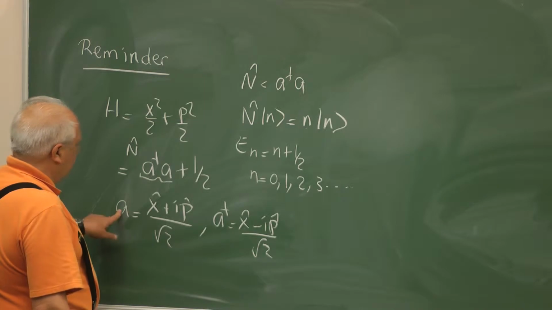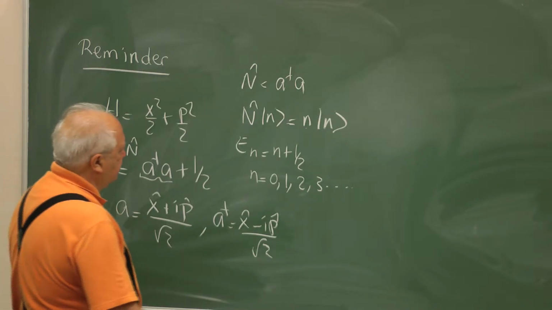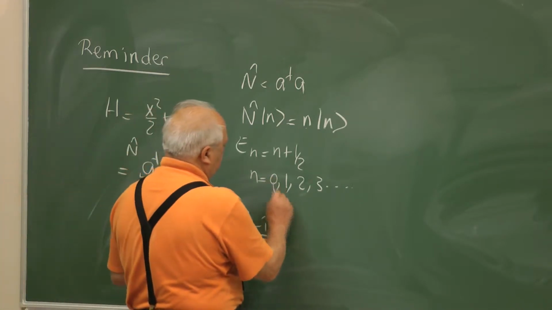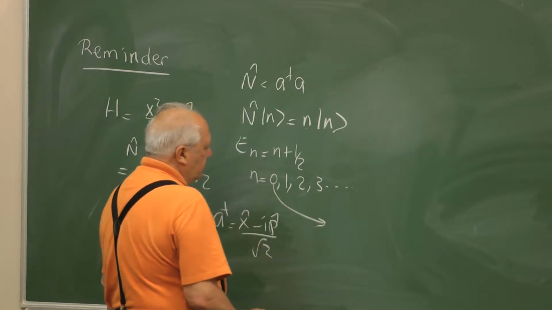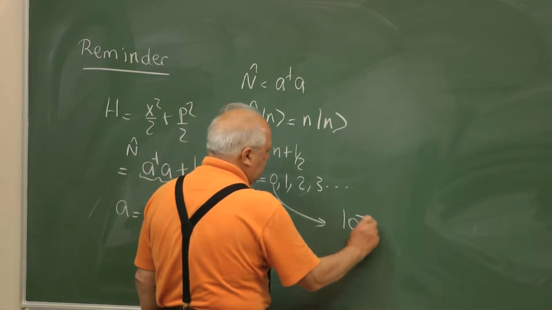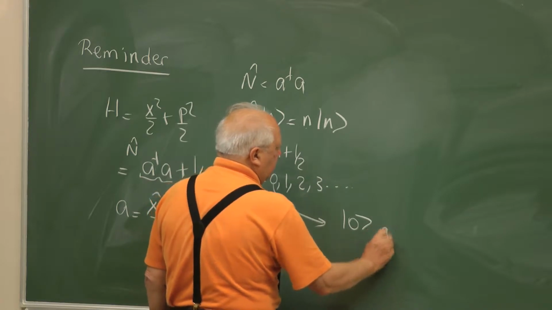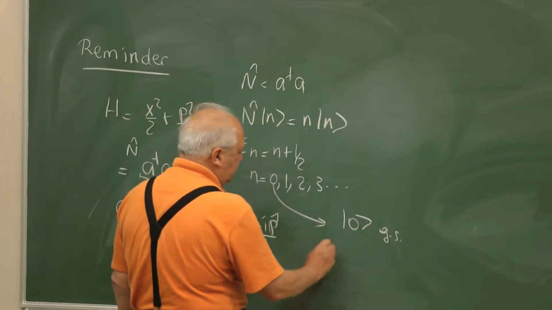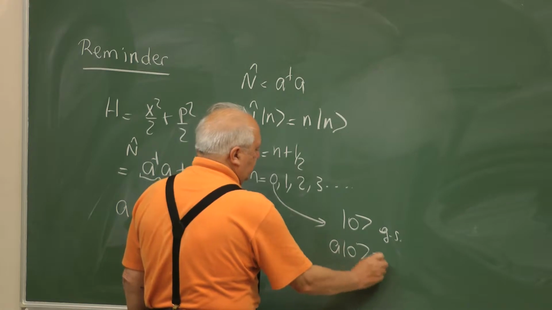And this is called an annihilation operator because corresponding to the lowest state, there is a state |0>, which is the ground state of the harmonic oscillator, such that a|0> is equal to 0.